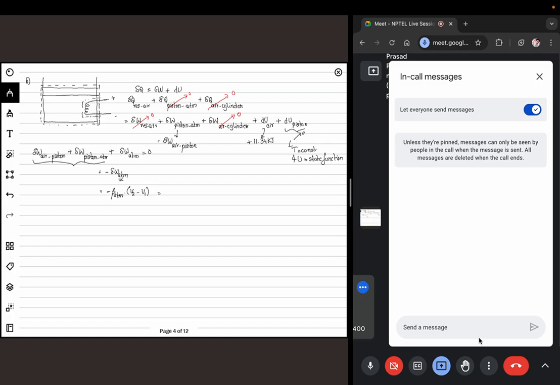Atmospheric pressure is 1 bar, so in kilojoules I'm just writing 100 here, and we have delta V as 0.045, that is giving me a value of minus 4.5 kilojoule. So this is delta W atmosphere.